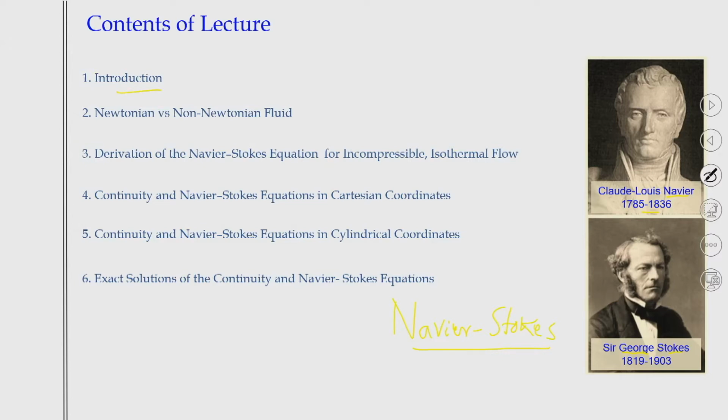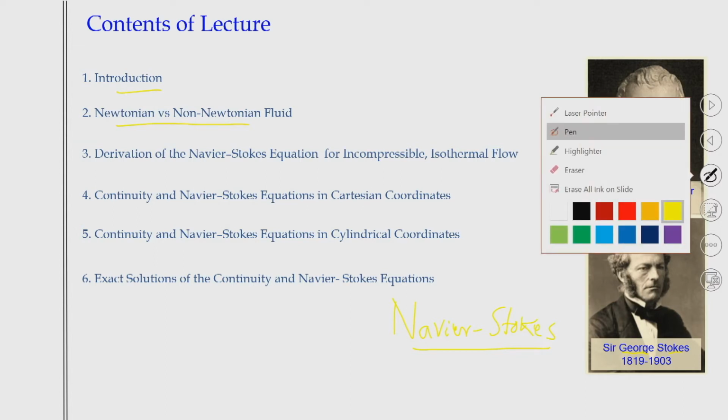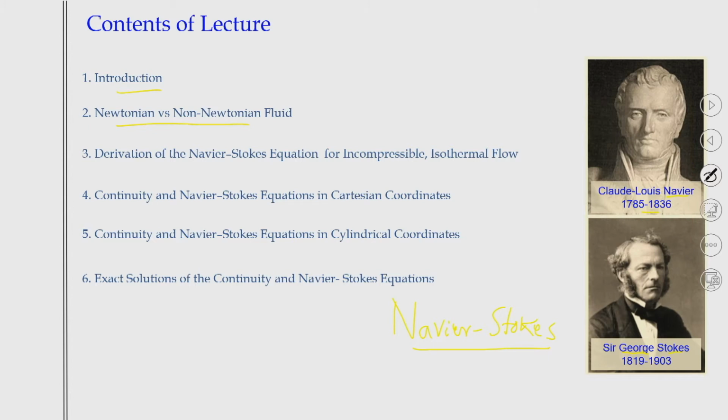Also, I will revisit Newtonian and non-Newtonian fluids, which is quite interesting to look at for how we can use the Navier-Stokes equations. We will talk about the derivation of the Navier-Stokes equations with the assumptions of incompressible, isothermal flow.